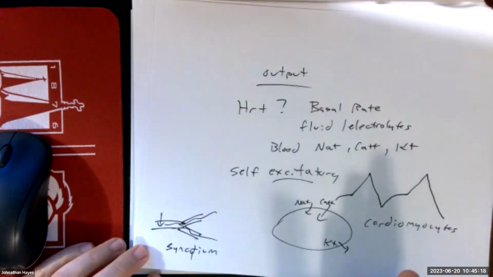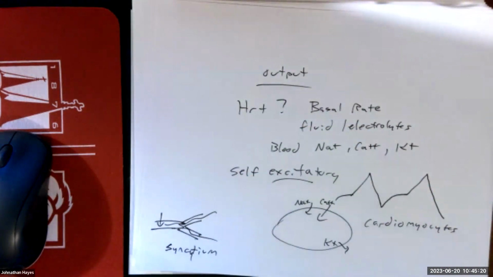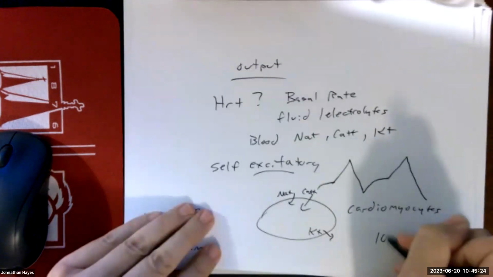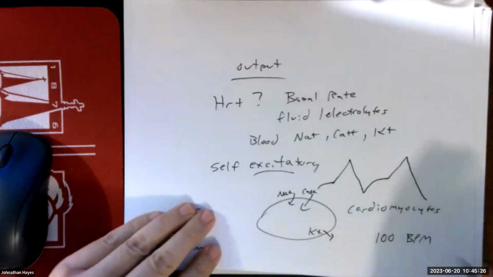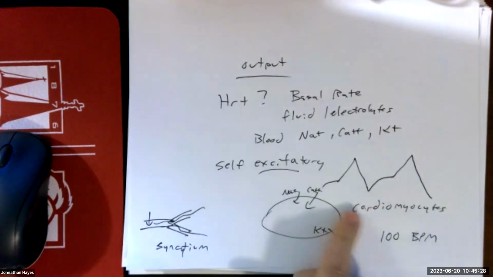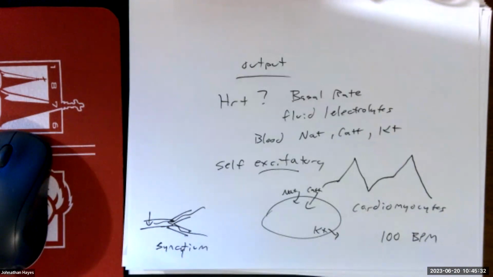And in normal people, that'll occur a certain number of times per minute. So maybe 100 beats per minute is what that would normally run at with normal fluid electrolyte balance, okay? But that's weird, isn't it?